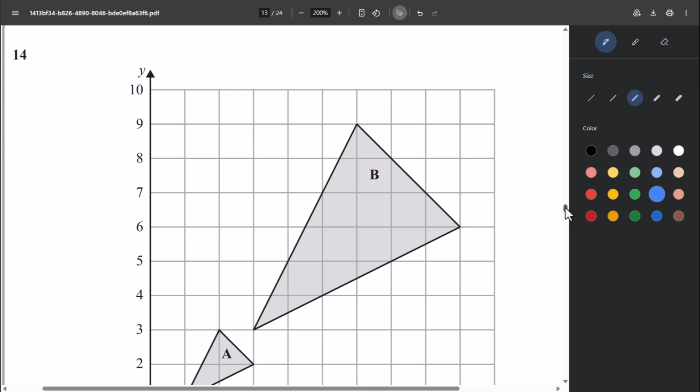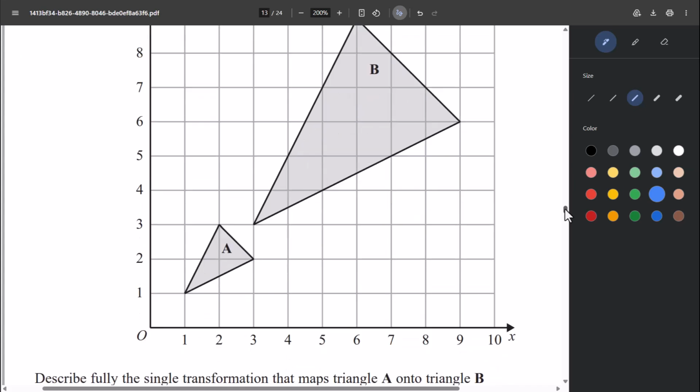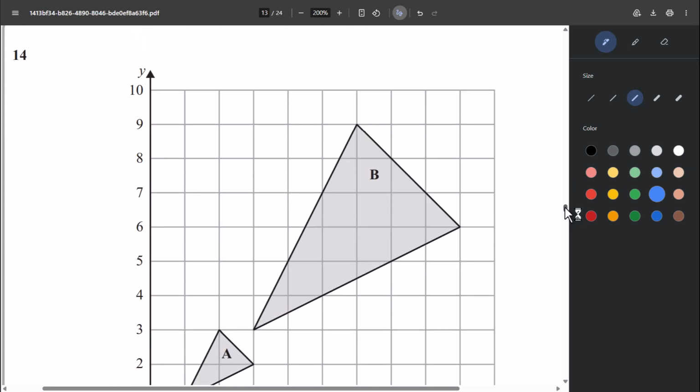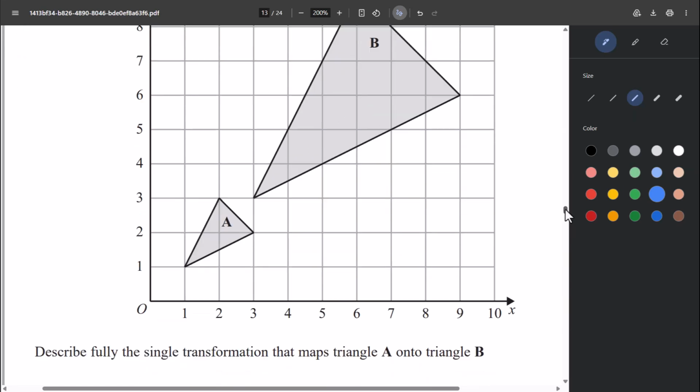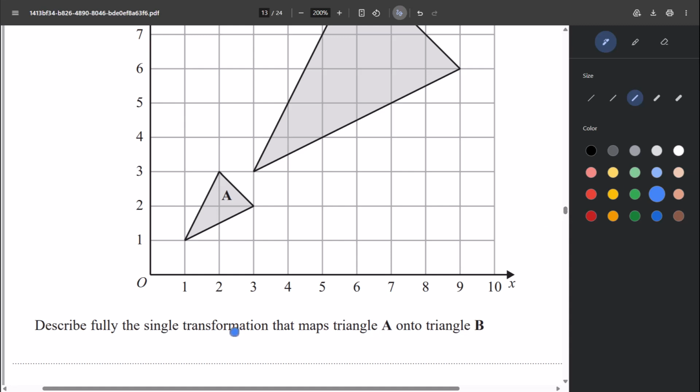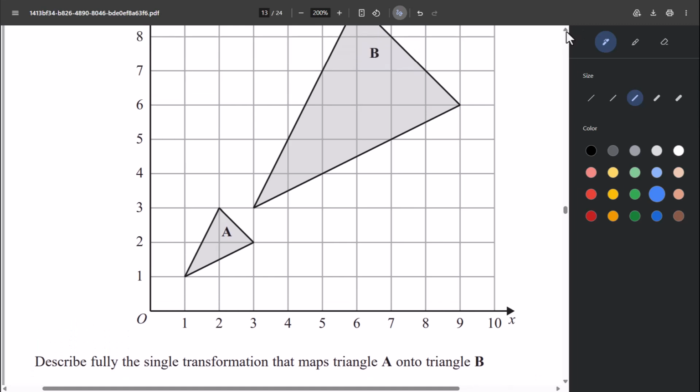All right, so again, we got this question, number 14. I guess this is going to be our last point for today. We need to describe the single transformation that maps A to B. Now, there are 4 kinds of transformation that you could possibly have.